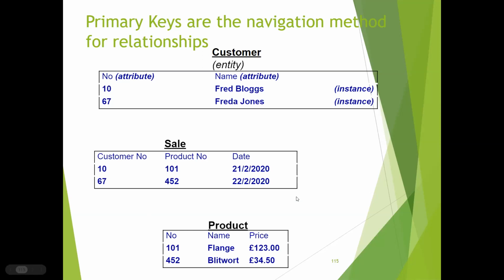So when I look at an entity formed from the combination or relationship of two entities, the primary keys I think of a little bit differently. Sometimes it could be a composite key, which becomes the primary key. For example, in this sale, I can say I'm going to have a customer number and a product number as a composite key. Now, is that sufficient? Can I purchase the same item twice?